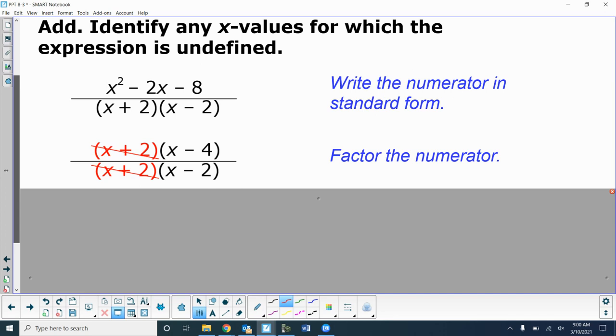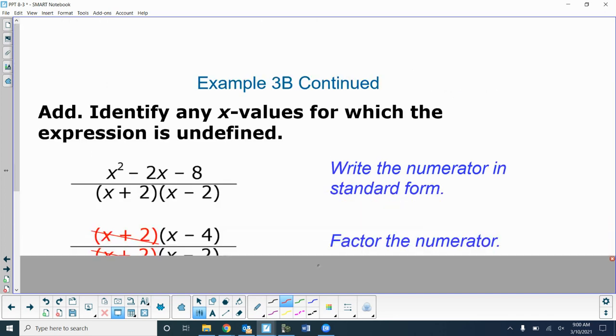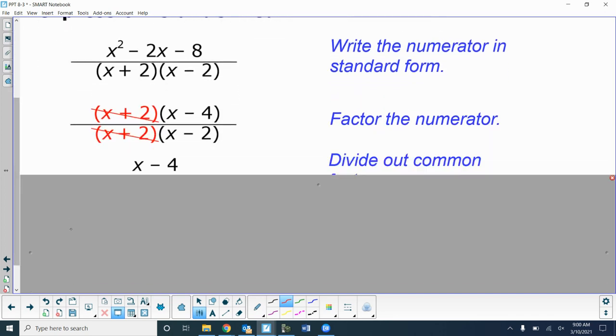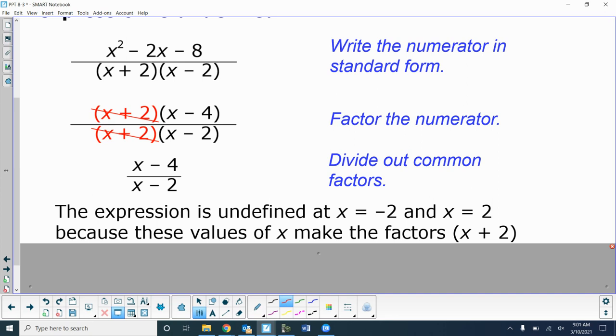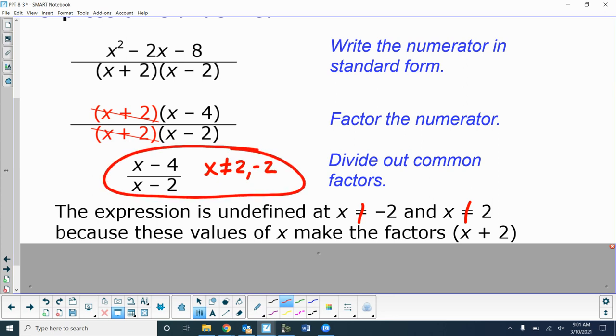What are my two restrictions? 2 and negative 2, right? Zach? Yeah. Don't forget about your restrictions. Some of you forgot yesterday. That whole thing's the answer.